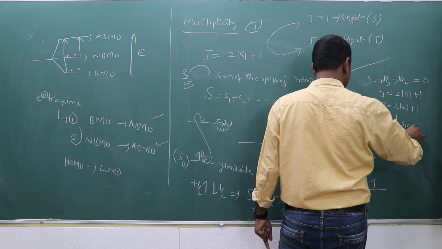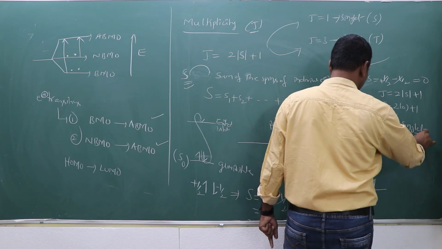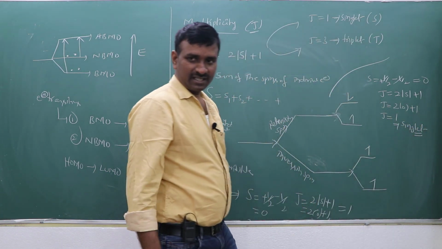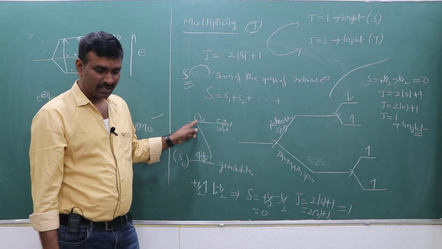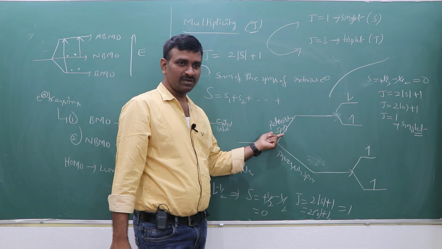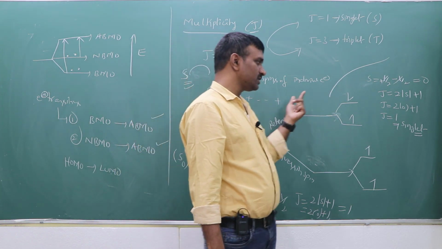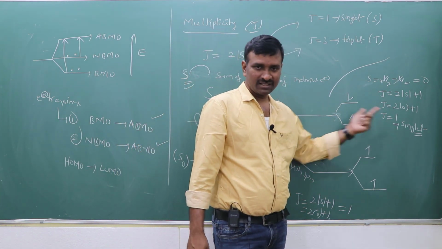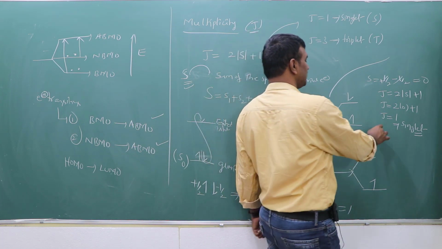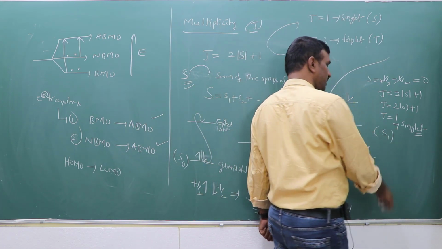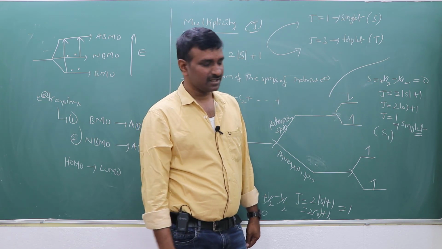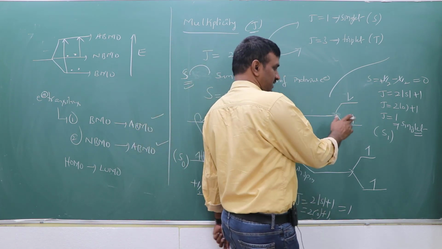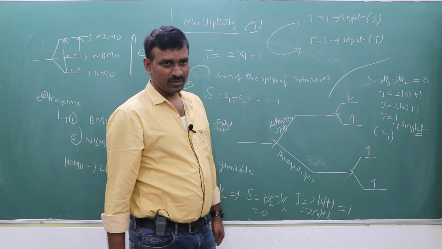So that is the singlet state. If retention of spin takes place, this is going to be an excited state. Even in the excited state, retention of spin may take place, and a singlet state is produced, but it is not the ground state. It is a singlet excited state, which we can consider as the S1 state. So a singlet state may be generated in the excited state also.